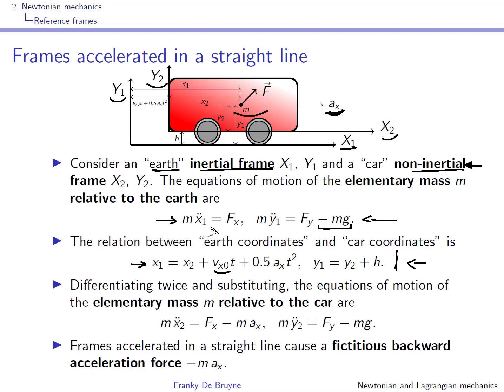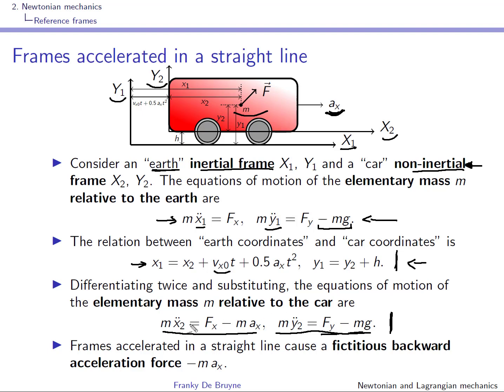We have to differentiate twice because you have x1 double dot and y1 double dot. If you do that, you obtain this equation. You can see that nothing has changed for the second equation, but for the first equation you obtain something different than you had in the inertial frame.